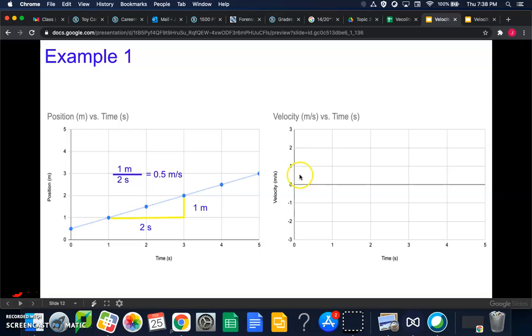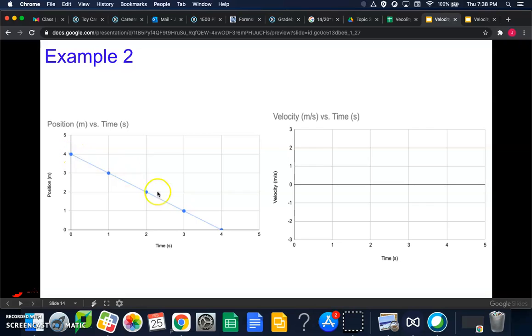And so then we're just going to plot a horizontal line on this velocity versus time graph at 0.5, so just a straight line across. And we're doing it halfway in between 0 and 1, because that's what the slope was, 0.5 meters per second.